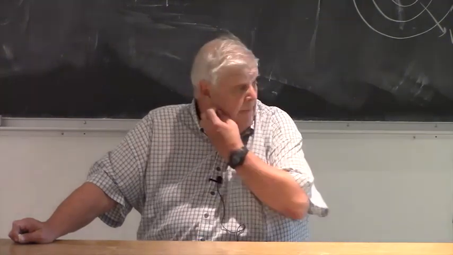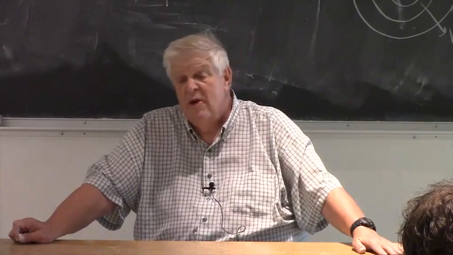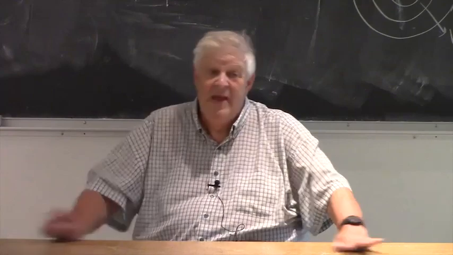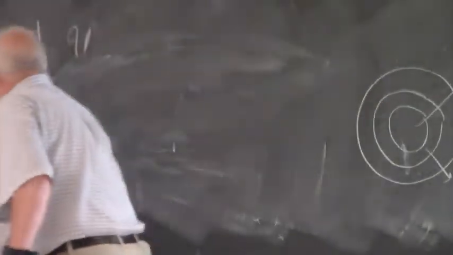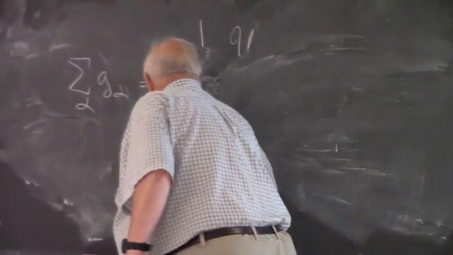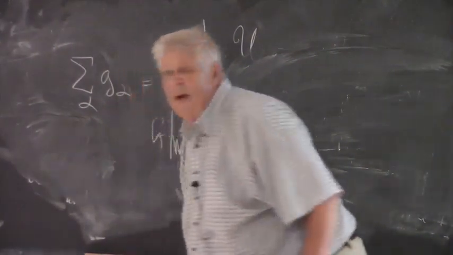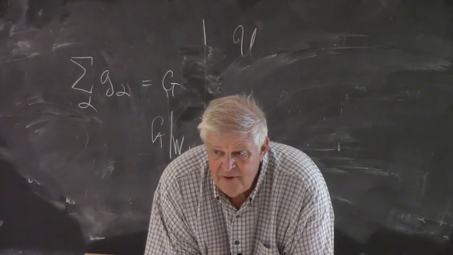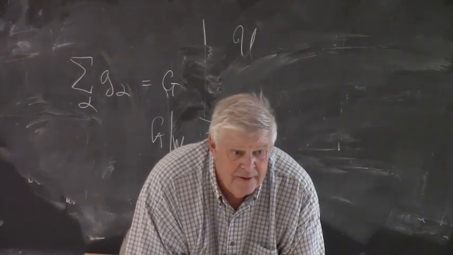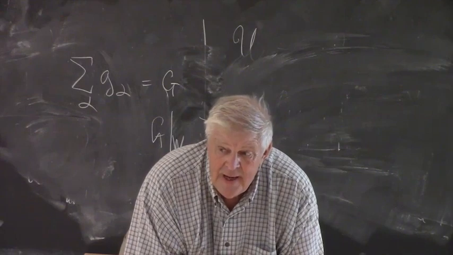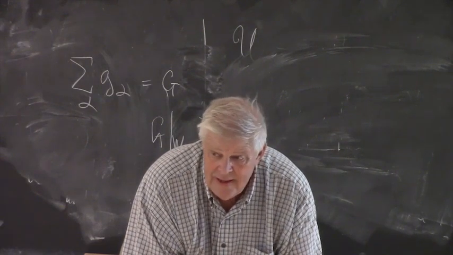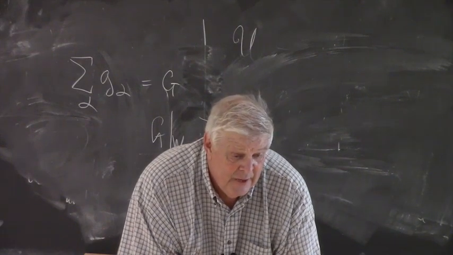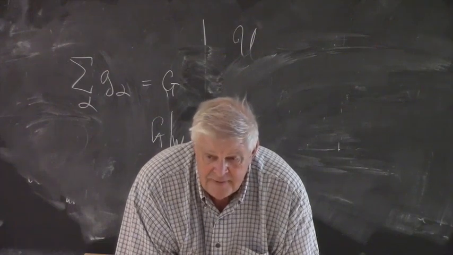So this is a smooth function, positive function. Non-zero. Why is it non-zero? Because g alpha is 1 on W alpha. So the whole sum contains a term which is equal to 1 on W alpha. So it is at least 1 on W alpha, and hence it is strictly positive.